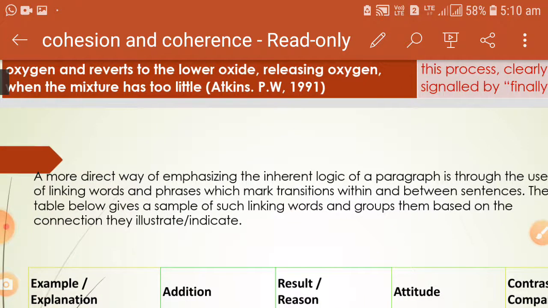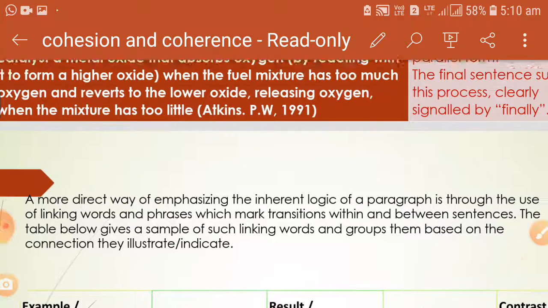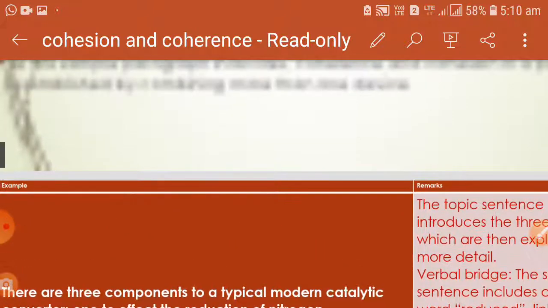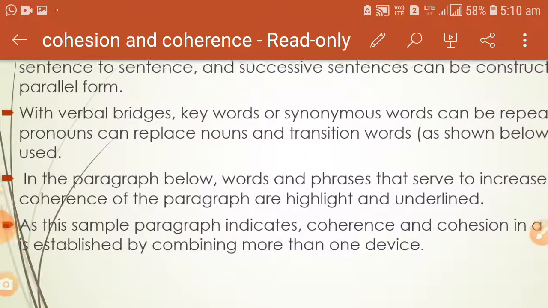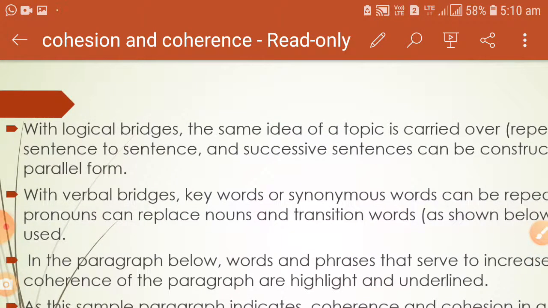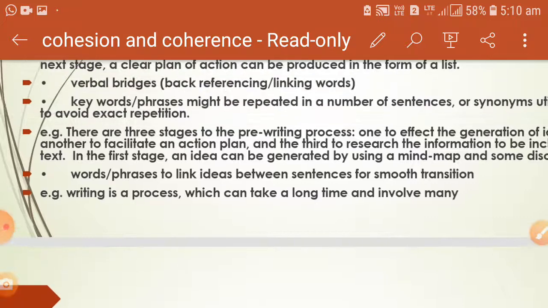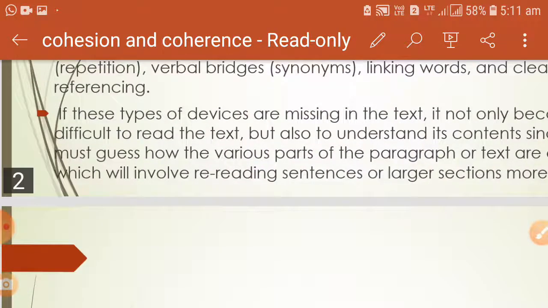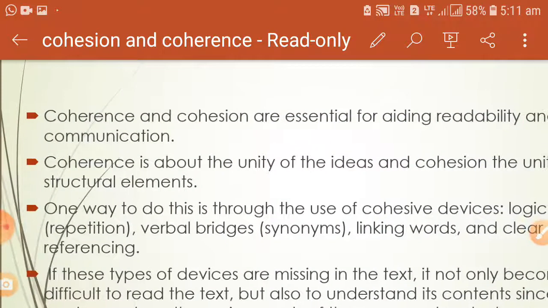We have seen how the transitions of sentences, words, phrases, and linking words can be used, and how they serve as logical bridges, verbal bridges, with the effect of cohesion and coherence, helping in connecting ideas.